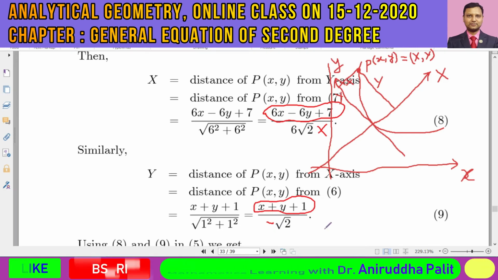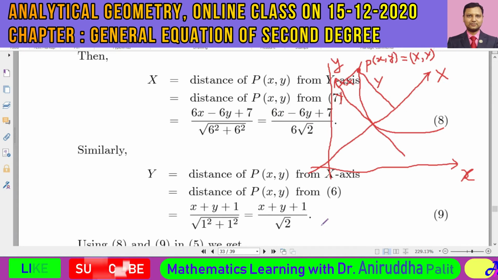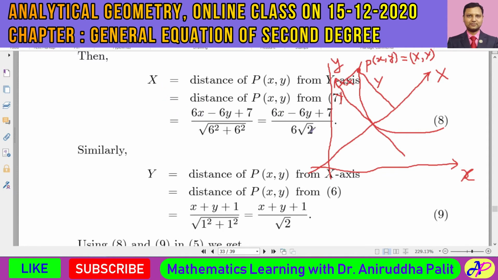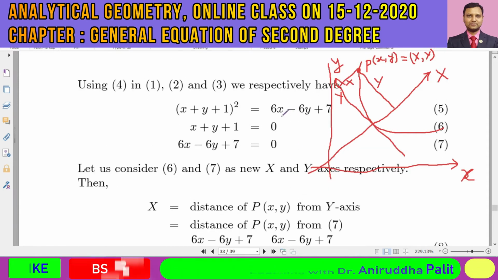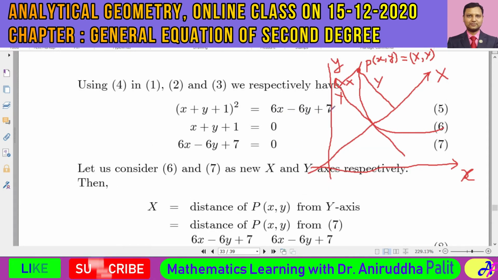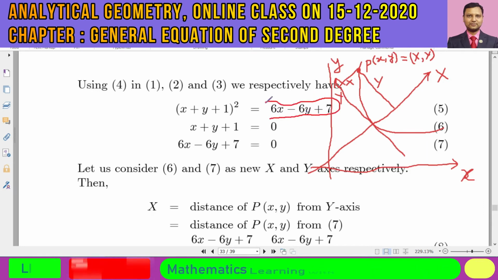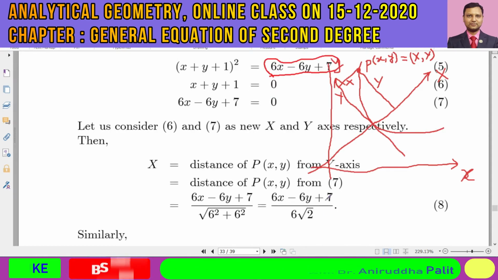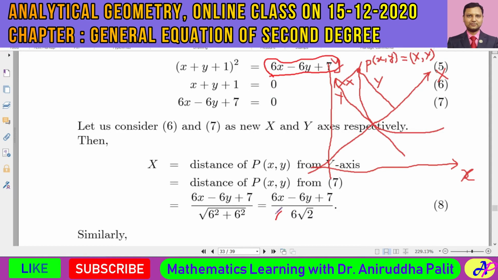Got it? So we shall directly apply this expression 6x minus 6y plus 7 is equal to X root over of 2 in equation number 5. On the right hand side of this equation number 5, we shall apply this result. This right hand side would directly be equal to X into 6 root over of 2.